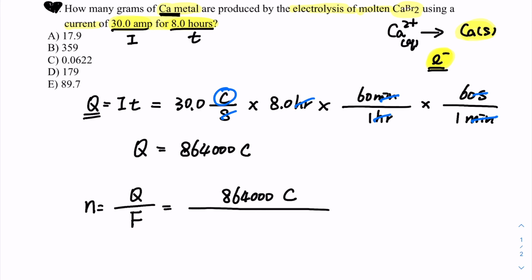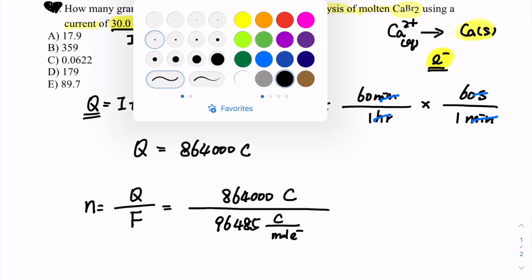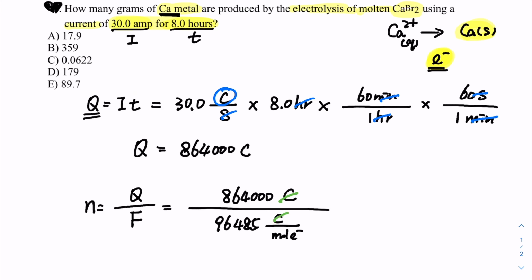Faraday's constant is 96,485 coulombs per mole of electrons. Now I see, coulombs cancel out, and the denominator's denominator flips back up. So I'm calculating moles of electrons. That's nice, that's what I wanted.